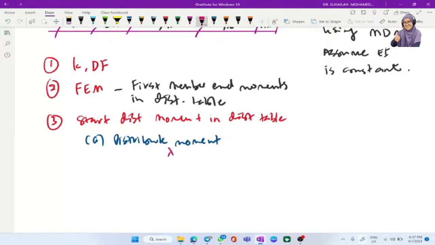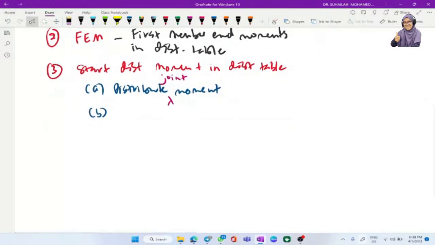Distribute joint moment. And number two, or B, we have to carry over the moment value.